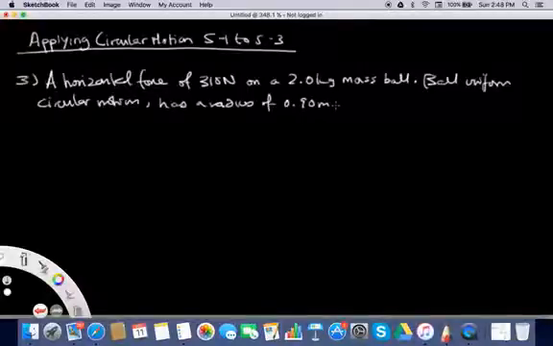And they ask us, with this given information, to calculate the speed of the ball.